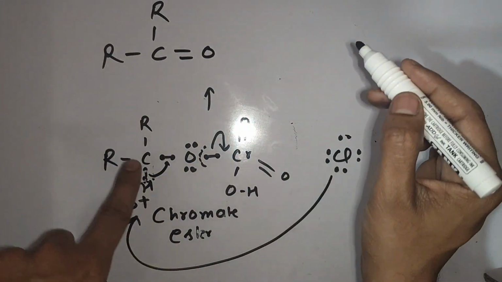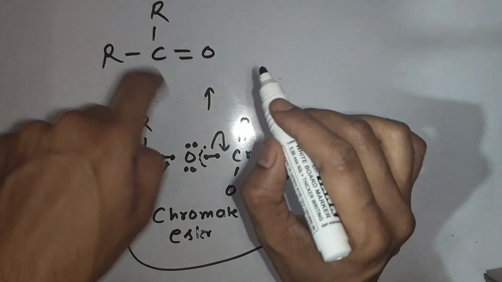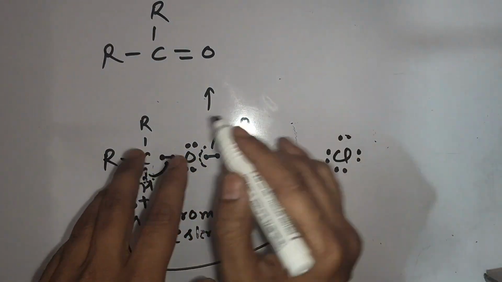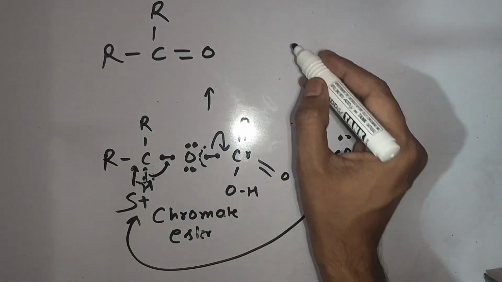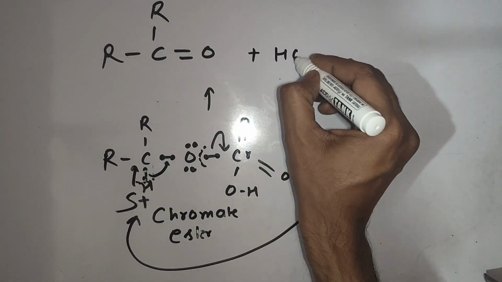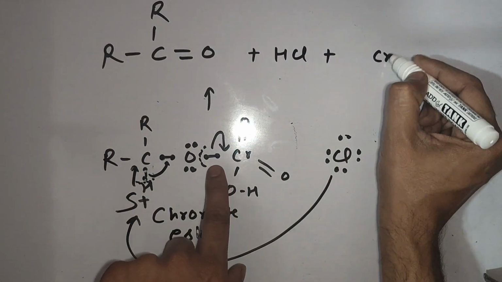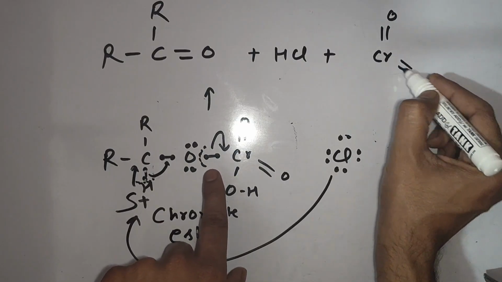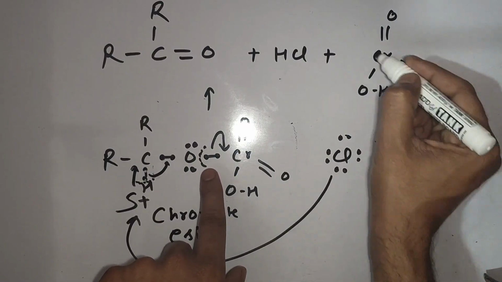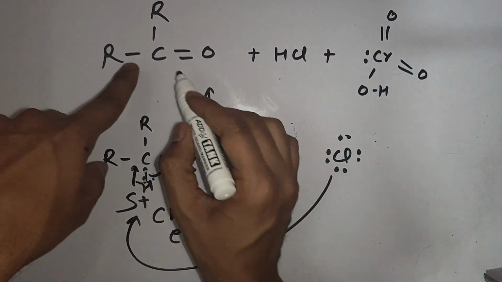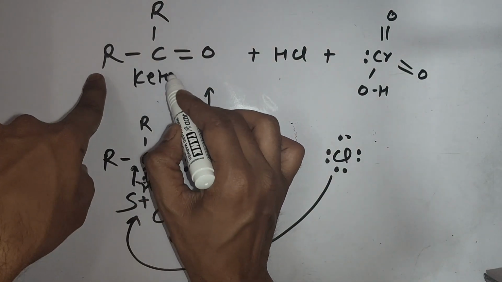This compound, what is it? Ketone. It is ketone. And what will release out? That you know, HCl plus this compound. So this is our main product, ketone will be generated.